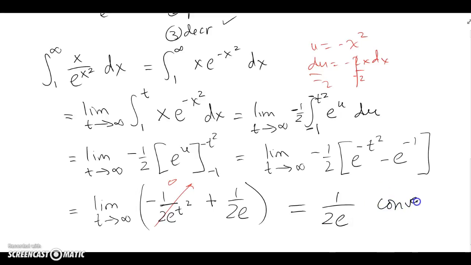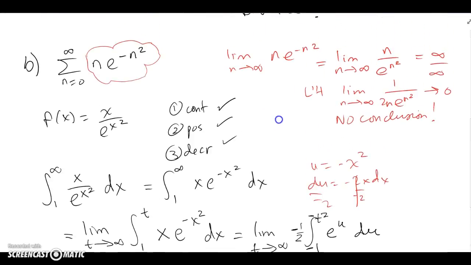This integral converges, and therefore, by the integral test, this series must converge. And again, I know I started mine at 1 because the curve was eventually decreasing after 1. This starts at 0, but if n equals 0, notice I just get 0 in this case.